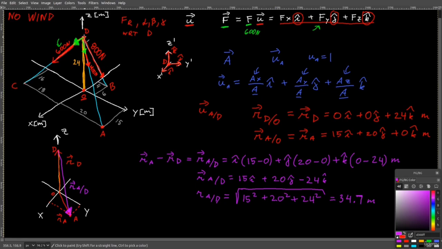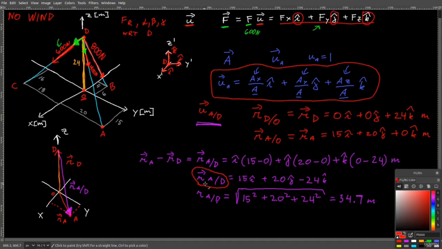We need a unit vector from point D in the direction of A. We need this one here. But now, we will use this formula. But instead of vector A, we have our displacement vector. And instead of magnitude of A, we have the magnitude of our displacement vector.